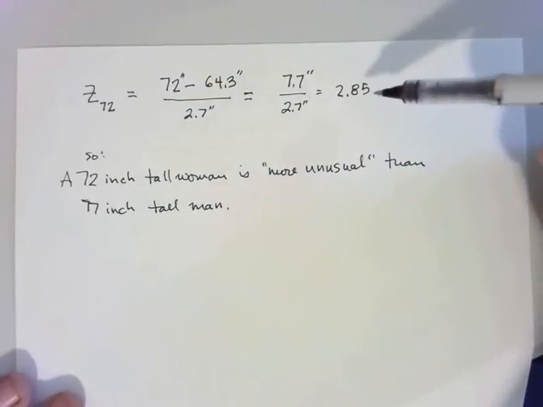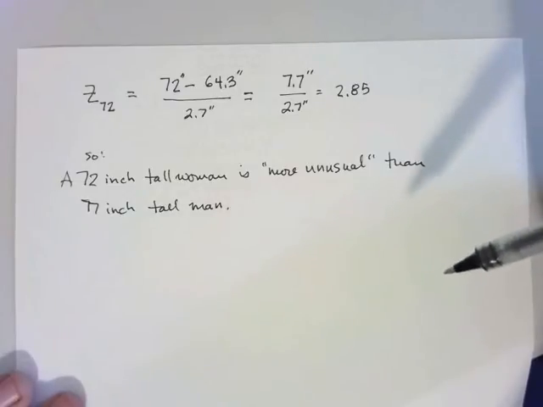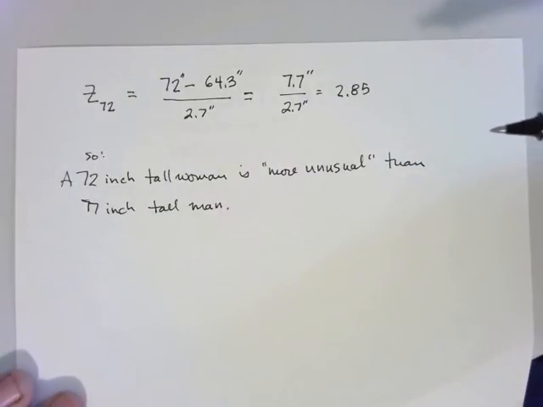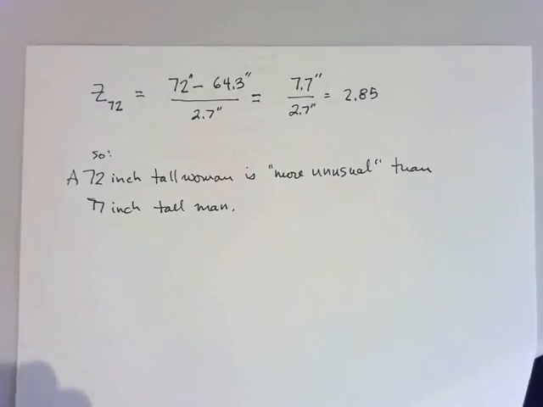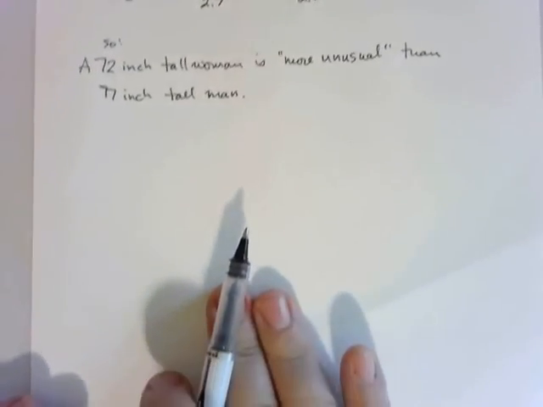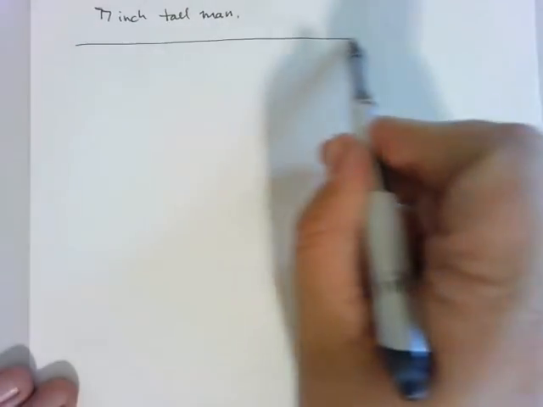Because the woman's height is 2.85 standard deviations above the mean. The guy's height was only approximately 2.5 standard deviations above the mean. This is one way to use z-scores. So one more quick example, and then we'll relate them to what's called the normal distribution in the next part of the lesson. So, one last example.